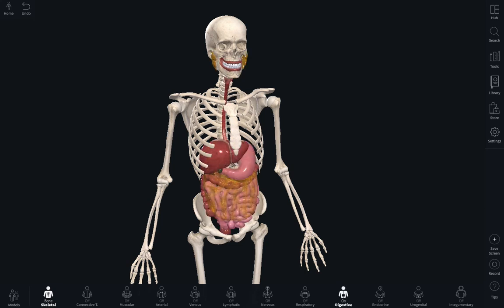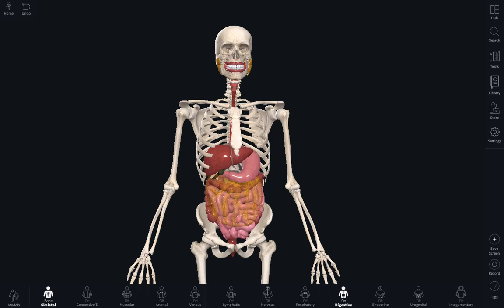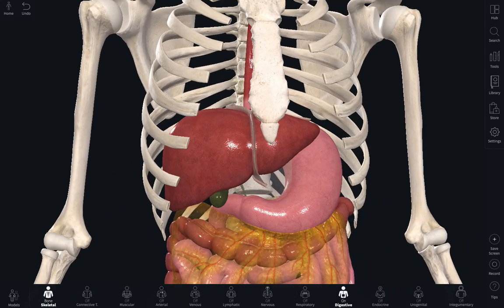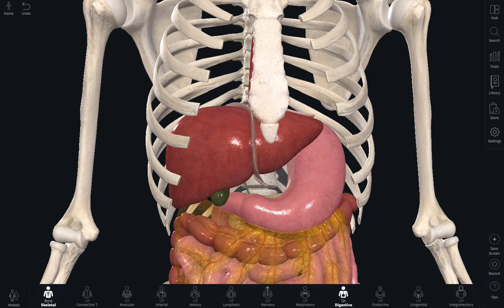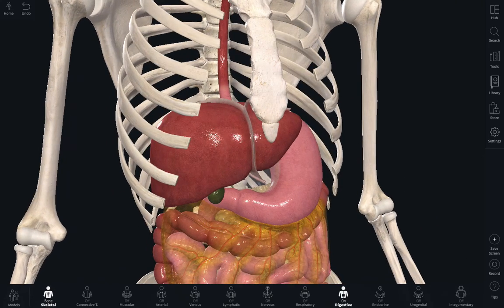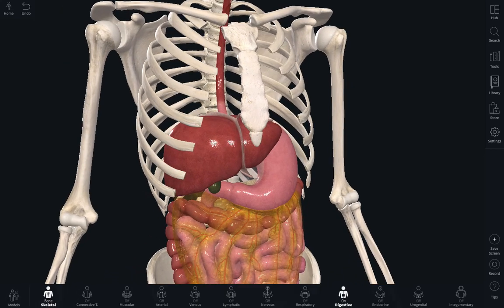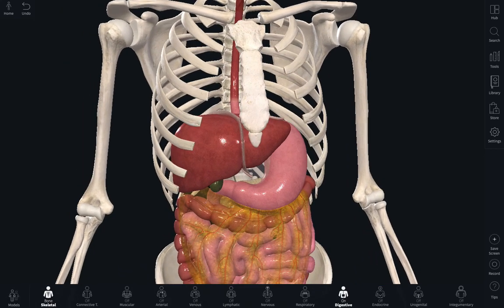Here we are interested in this region specifically. This is the liver, the gallbladder, the stomach. We need to see in detail the extrahepatic biliary apparatus, so we will just focus upon the digestive system here.